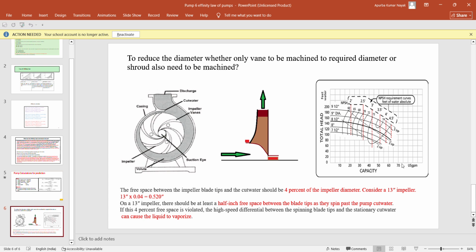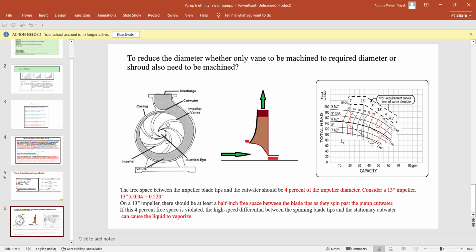It will help you to select your pump, how much diameter of the impeller, how much total head you are getting, or at which efficiency it is running. If your capacity and head are fixed, you may not be able to select a pump of higher efficiency. You have to sacrifice slightly and select a pump. Try to select a pump in the 73 to 74 region.